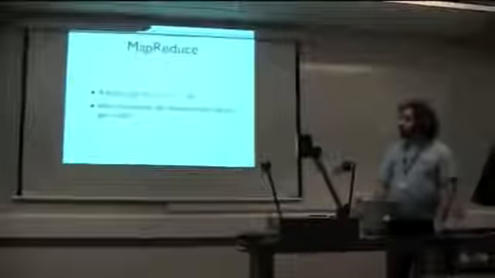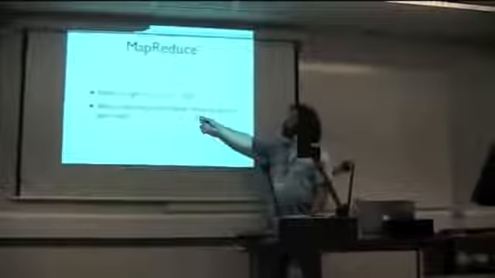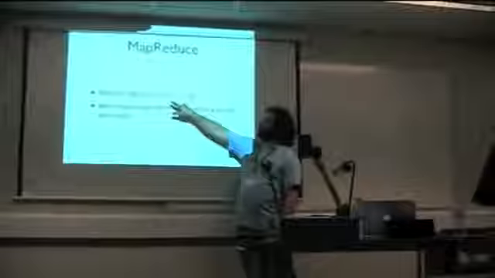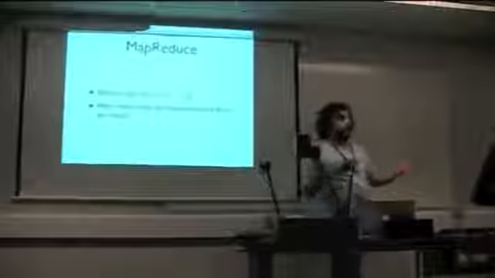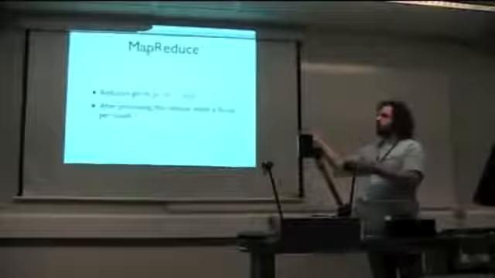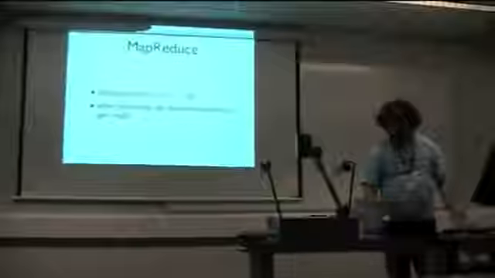The reducers get key value pairs, but the key is the key that the mapper output, and the value is a list of all the values output by the mappers. Once they do their job on this data, they emit a final key value pair, which is the result of your computation.